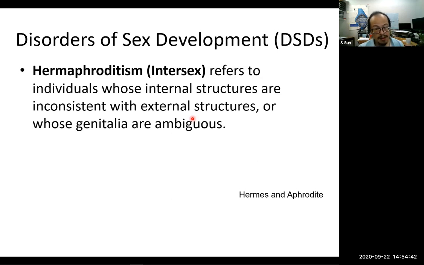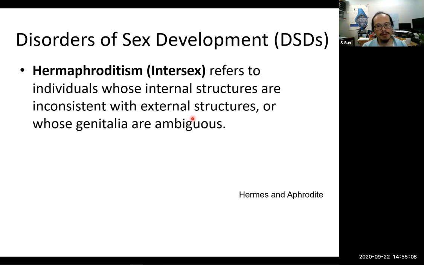chromosome staining examination, called the karyotype, we can know that we have XY and we thought that you got a baby boy. But if the SRY is missing, then we will not develop into the male.